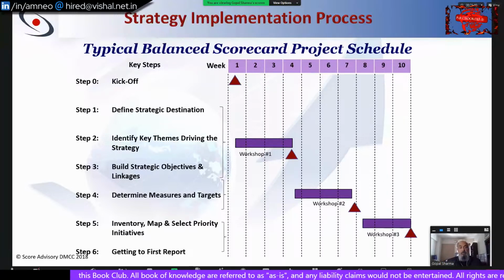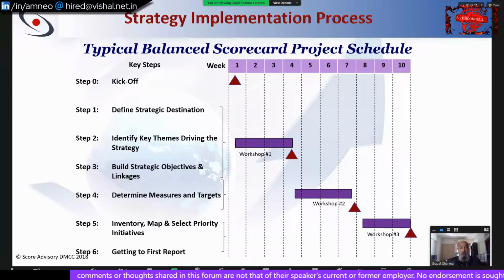Then you identify those key themes we talked about previously, very briefly just now. Those themes will drive the strategy. That's the second step. And the third step is building the strategic objectives and linkages. So in the first workshop, you articulate your mission, vision, and values.